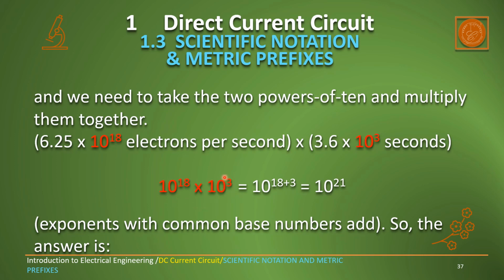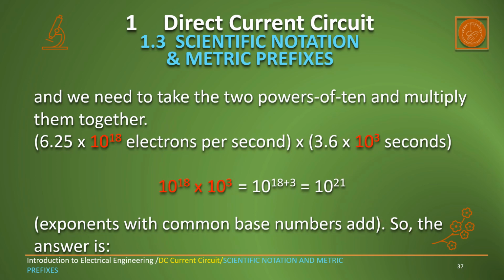So we write this formula: 10 power 18 times 10 power 3. Because the exponents have a common base, we add the power numbers. So it equals 10 power 18 plus 3, equal to 10 power 21.